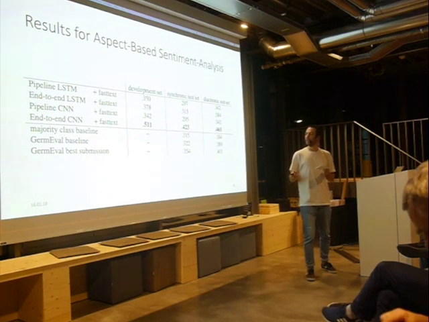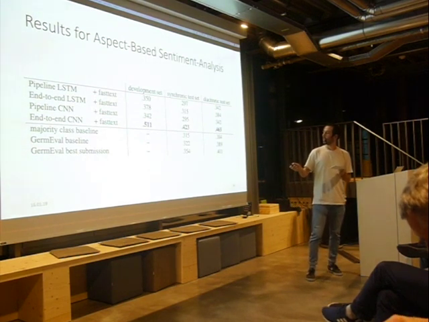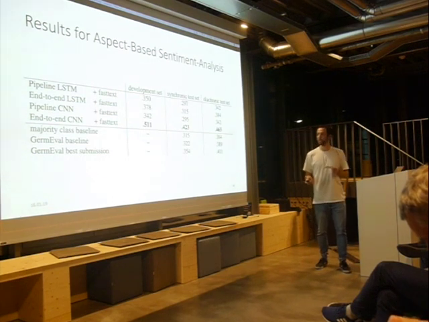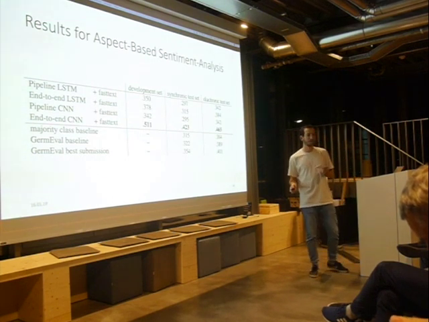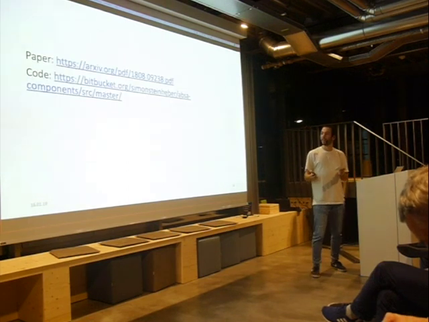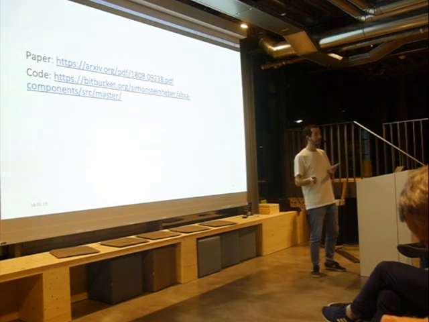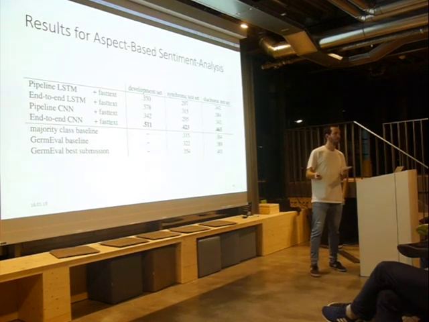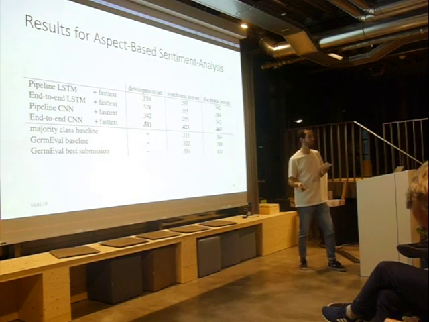You also can see that our system is outperforming the baseline and the best submission to the competition by around 6 to 7%. This is the F1 score I mentioned in the beginning.